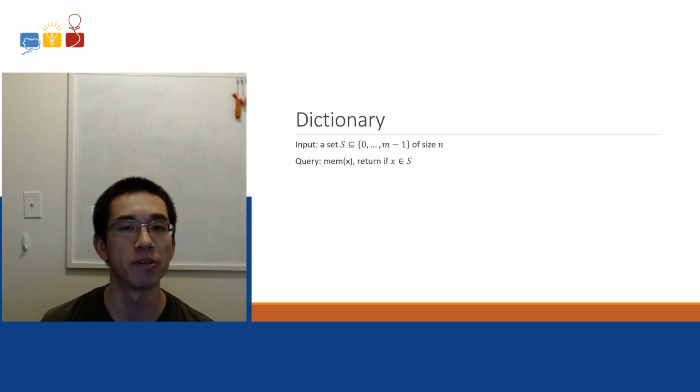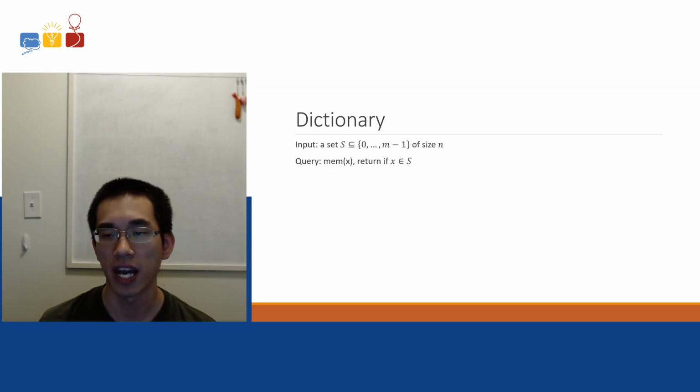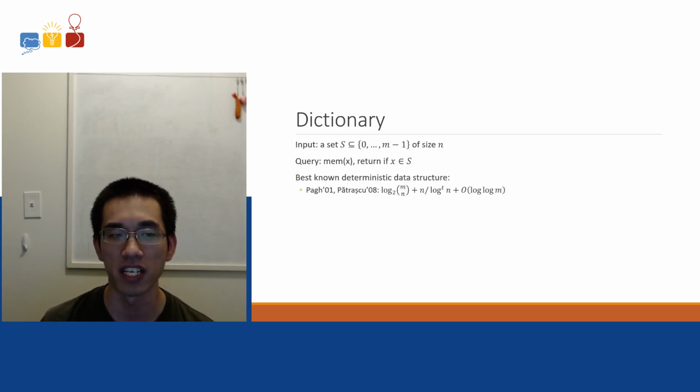This can be solved by, for example, hashing, and this is also an easier problem than the indexable dictionary from the previous slide, as we're only asking membership queries whether x is in the set. And for this reason, we could potentially do better, and in fact, there exist better data structures.